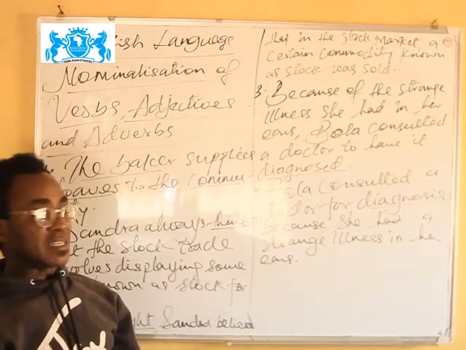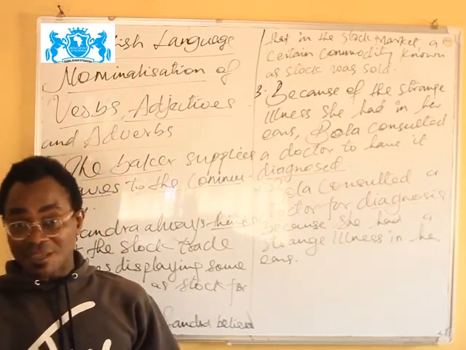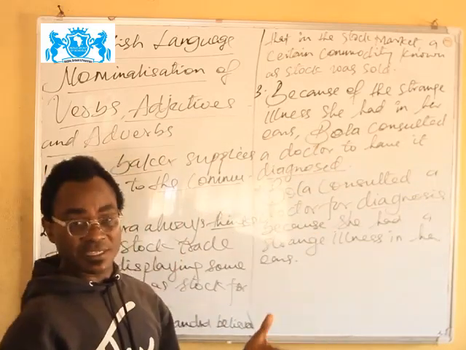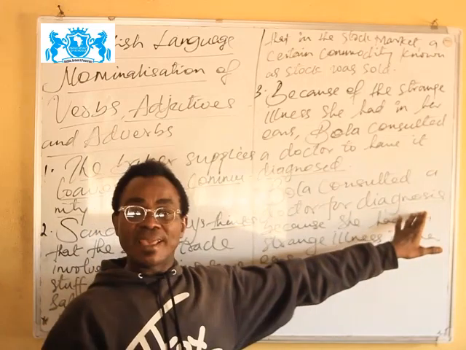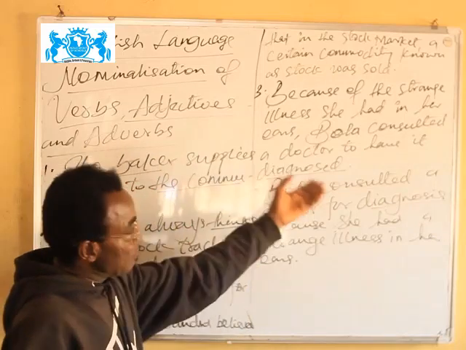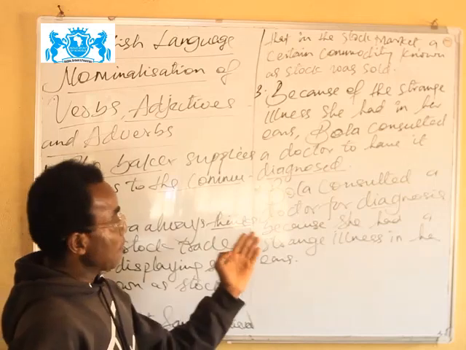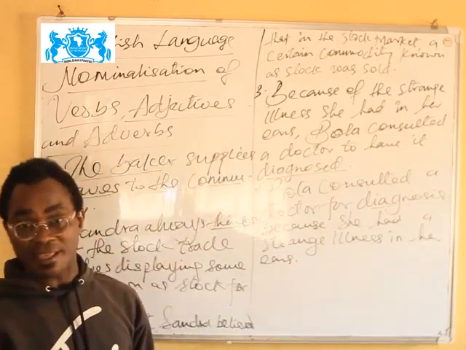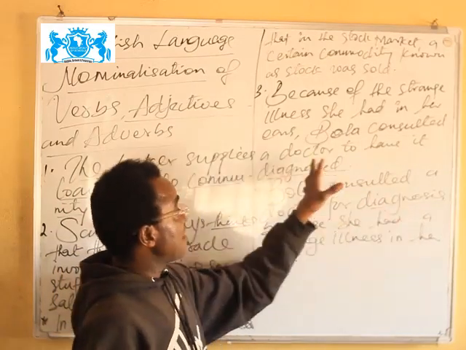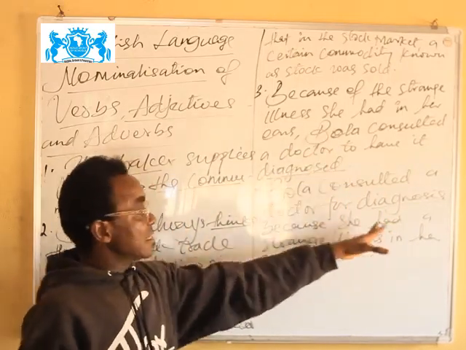You can see that the sentences do not necessarily follow the same pattern, and yet we end up saying the same thing. What is important is that in the second version of each sentence, we're able to derive a noun form from the verb used in the previous sentence. It says, Bola consulted a doctor for diagnosis because she had a strange illness in her ears. And so, the noun form diagnosis is derived from the verb form diagnose. So we have nominalized diagnosed, making it diagnosis.